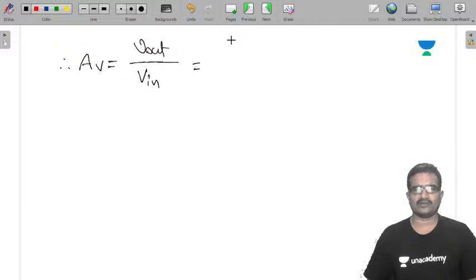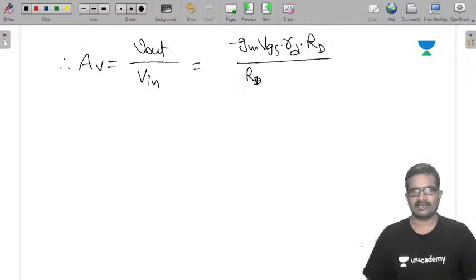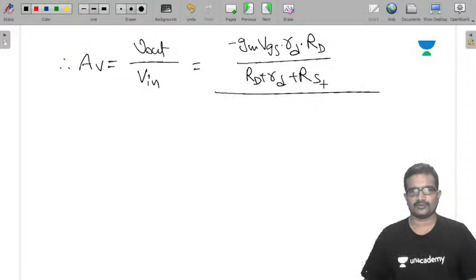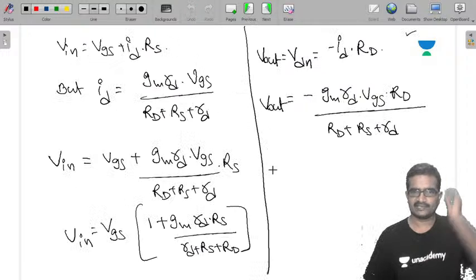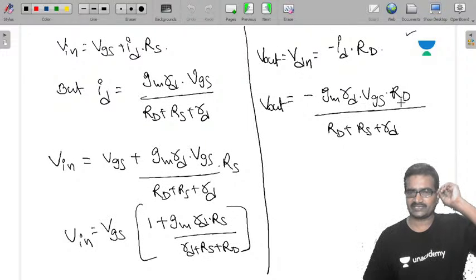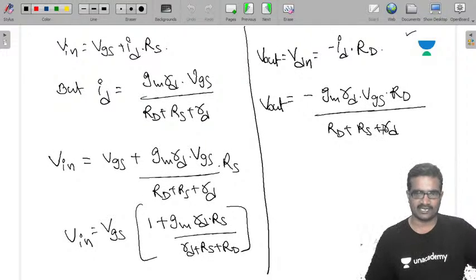Just before we got V output is minus gm into VGS into small rd into capital RD by capital RD plus small rd plus RS. This is the output voltage we got in the previous case, minus gm into RD VGS RD by RD plus RS plus small rd.